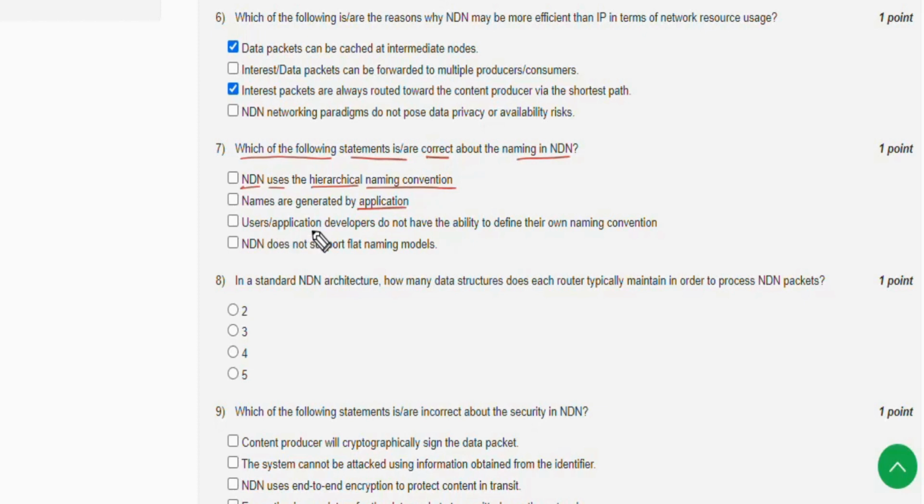User or application developers do not have the ability to define their own naming convention. NDN does not support flat naming nodes. The correct statement will be: NDN uses the hierarchical naming convention and names are generated by application. Okay.